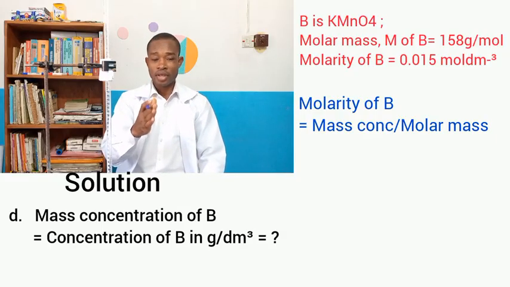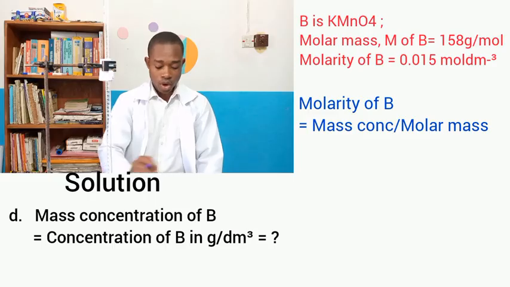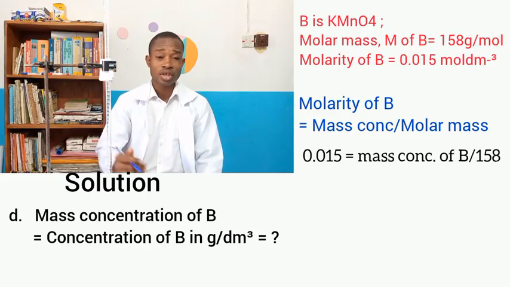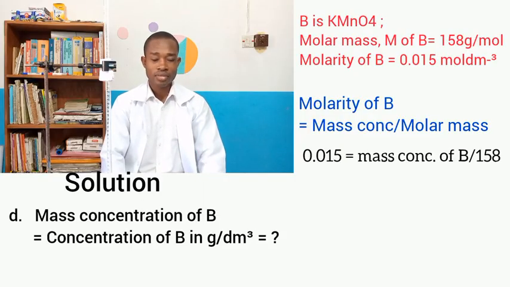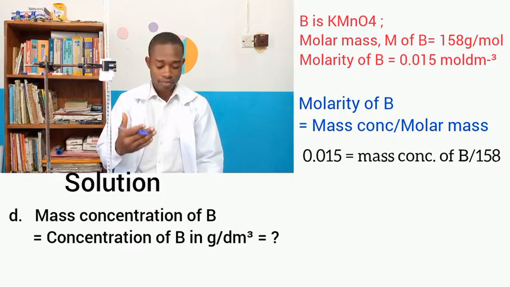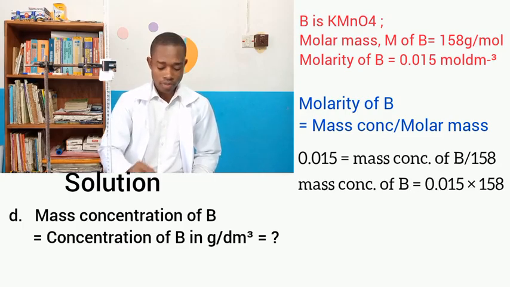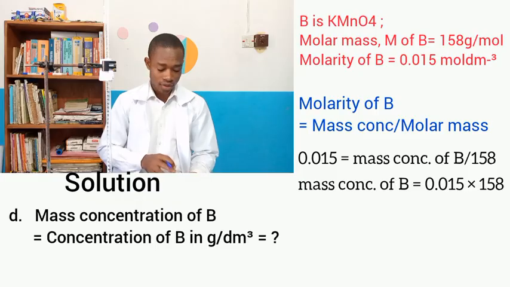The molar concentration of B is 0.015. That's going to be equal to mass concentration of B, which we do not know, all over molar mass of B, which is 158. So with this, we cross multiply, where mass concentration of B will now be equal to 0.015 multiplied by 158.